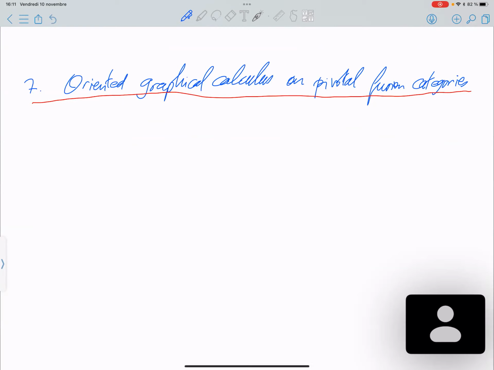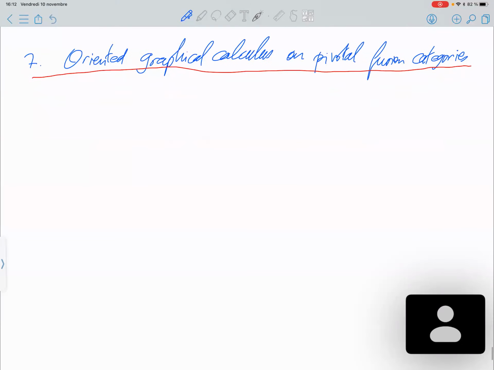So this section was inspired by a paper of Bartlett published in 2016, in which he discussed the oriented graphical calculus. We did not strictly follow his notation and his result, but we went through his paper and created our own notation, which is more appropriate for our need.